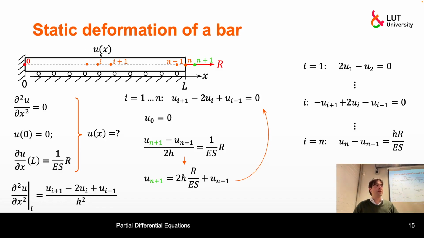What I'm interested in is the distribution of displacements along x. It's quite obvious what the result would be, and it's very good if at the very beginning you just look at this problem and immediately tell me what the answer is. It will result in a linear distribution of displacements.